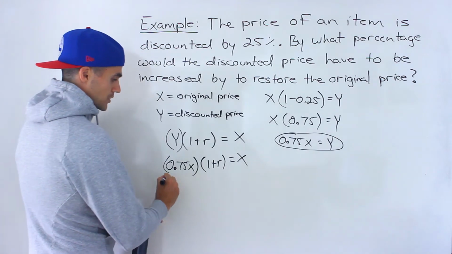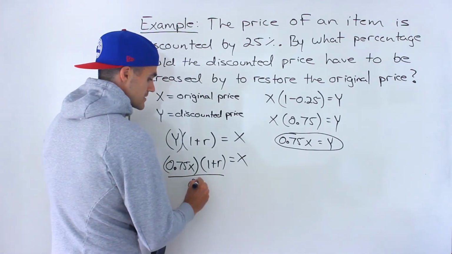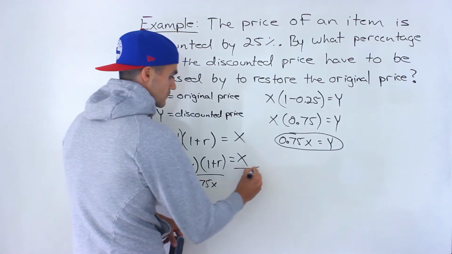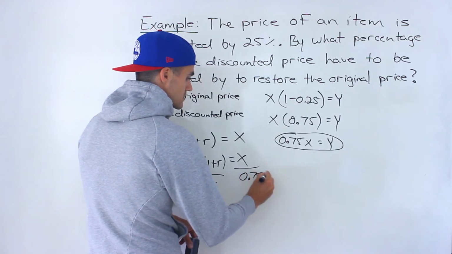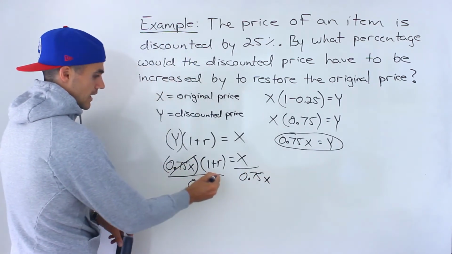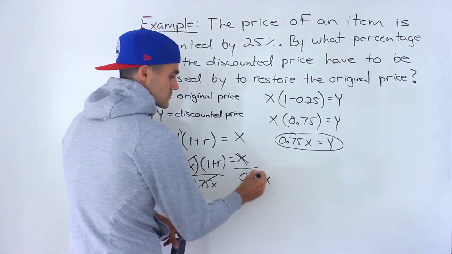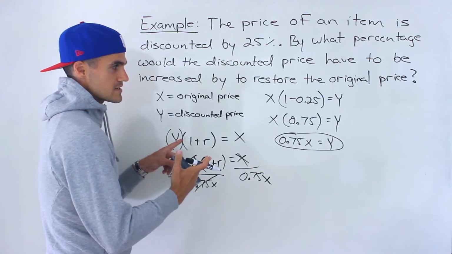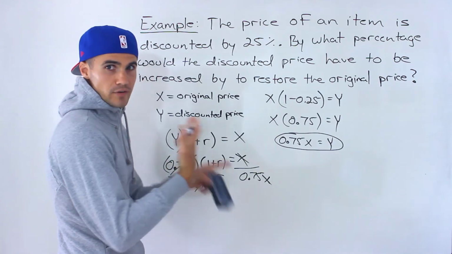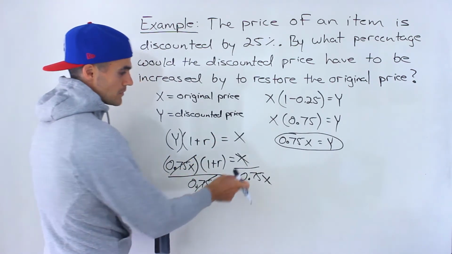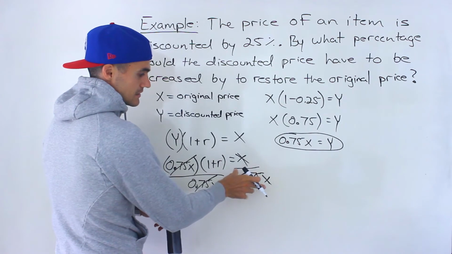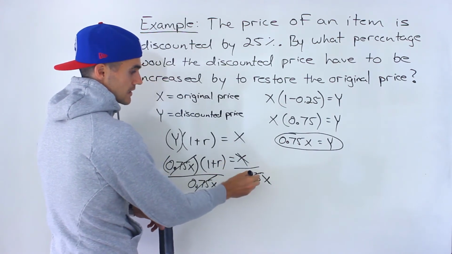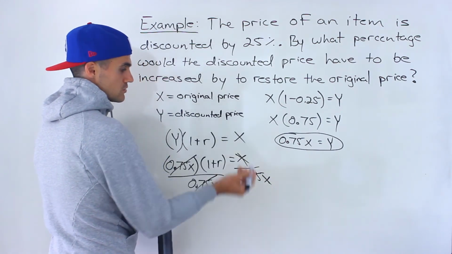And now watch what happens. When we divide both sides by 0.75x, this cancels out, and notice that the x's cancel out. That's why the prices are not really relevant here. You can use any price you want, because the x, that original price, is going to cancel out no matter what price you use.